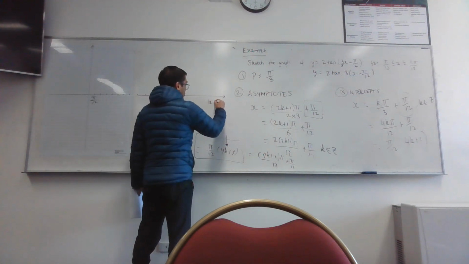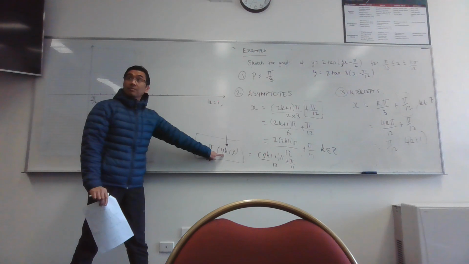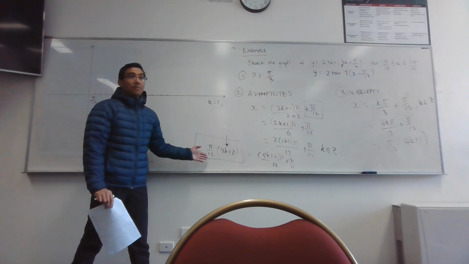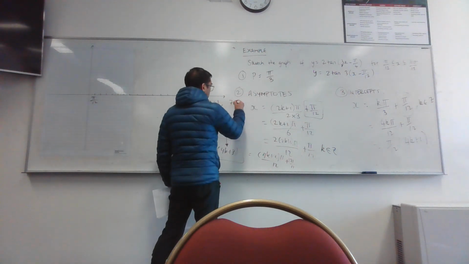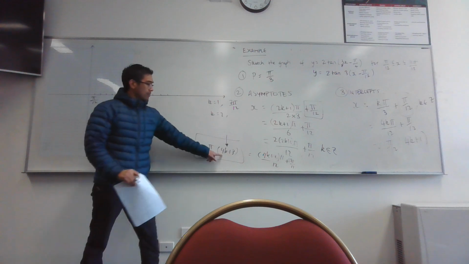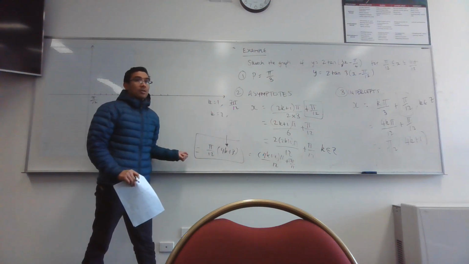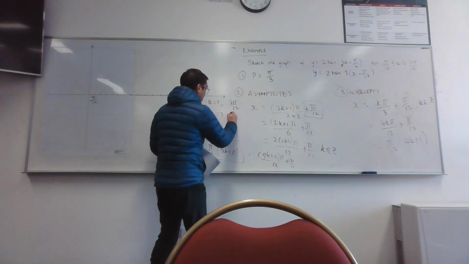So I could go k equals 1. If k equals 1, what does that become? 7 pi on 12. If k equals 2, what does that become? 11 pi on 12.